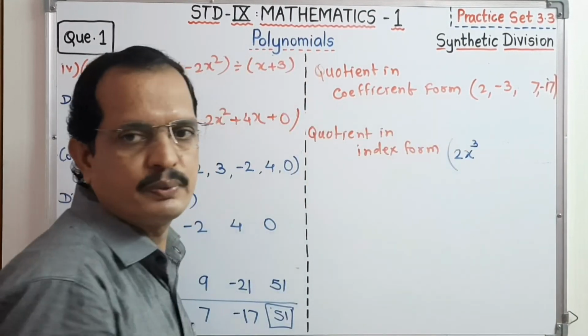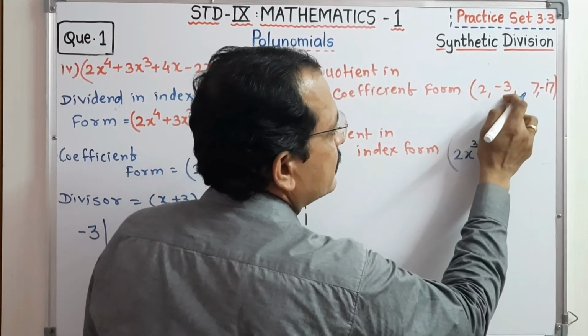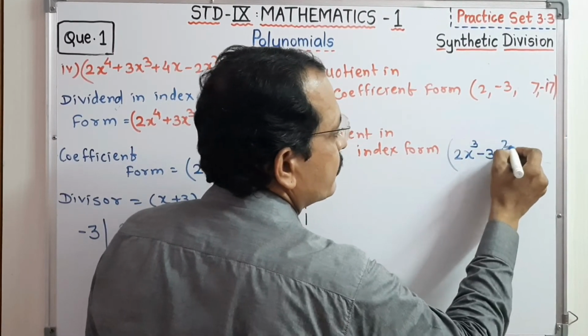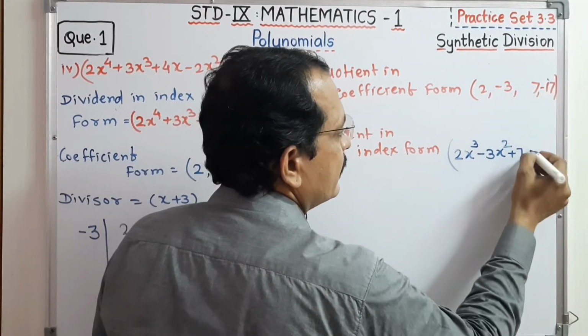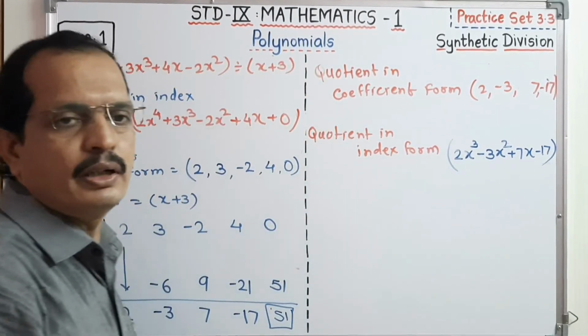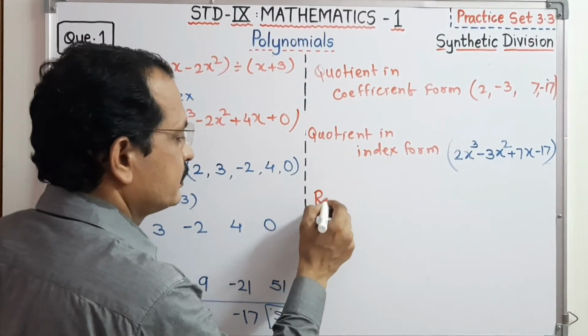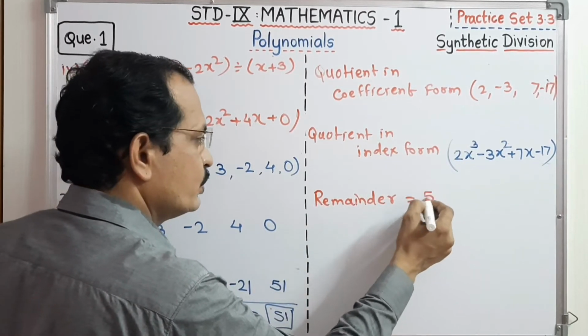Therefore 2x cube. Minus 3x. After this minus 3, 2 terms are there, therefore it is square. Plus 7x minus 17. Got it? And dear student, the remainder is equal to 51.